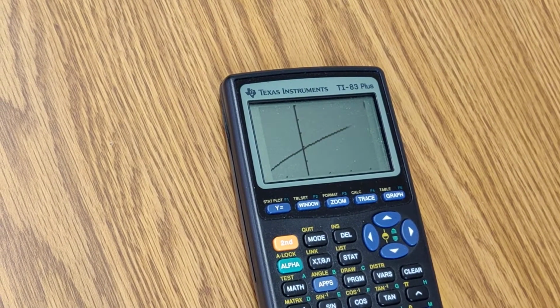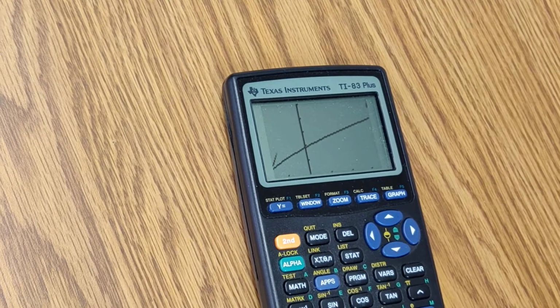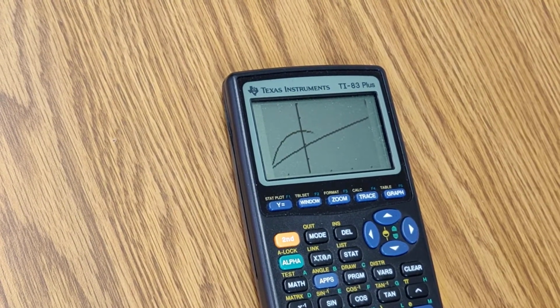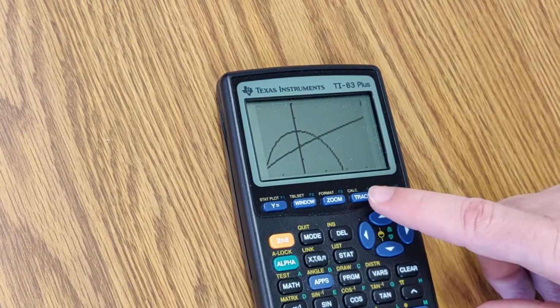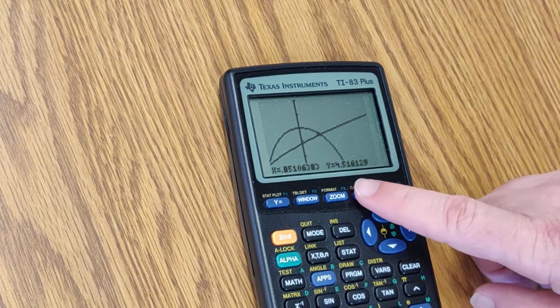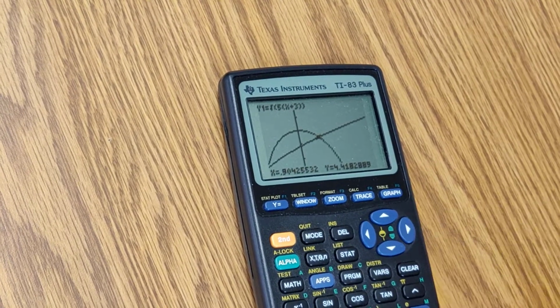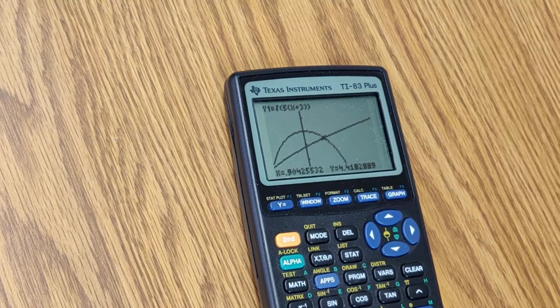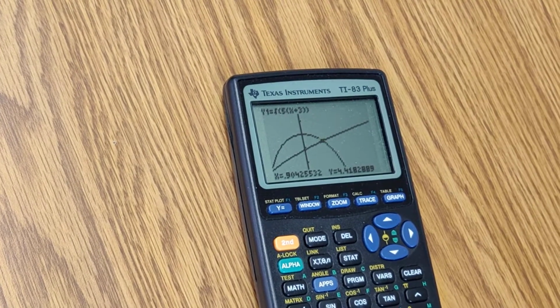There's the graph of the parabola. Here comes the graph of the ellipse. You wait a few seconds. Now you press the trace button, and you go to the point of intersection. It looks like it's about 0.9 and 4.4.